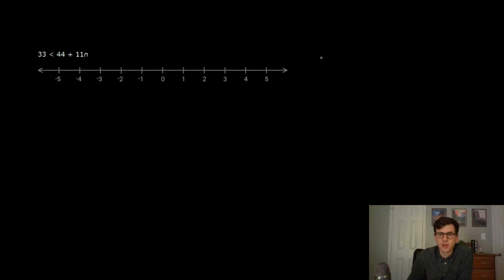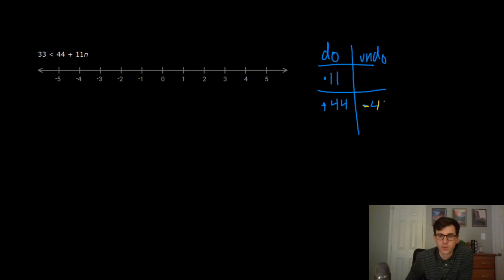Thinking about the do-undo table, I would first multiply by 11, and then I would subtract 44. So to undo that, I need to subtract 44 from both sides, and then I need to divide by 11.